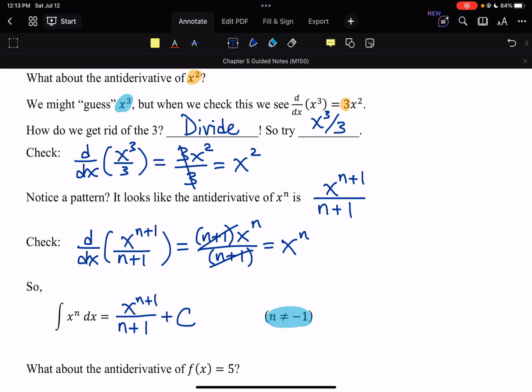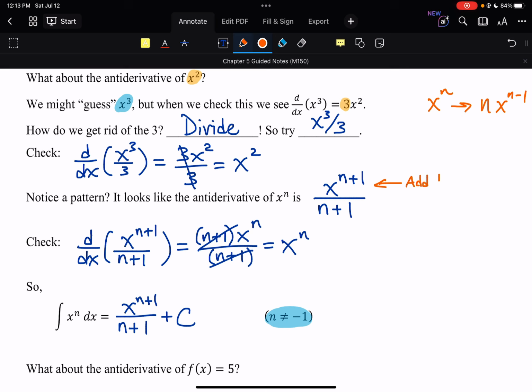But for any other n values except for -1, this undoing of the power rule is the way to go. So if you're looking for this general strategy, if we took x to the n and did the power rule on it, we bring down the number and subtract 1. So if we are undoing this process, we're going to add 1 to the power.